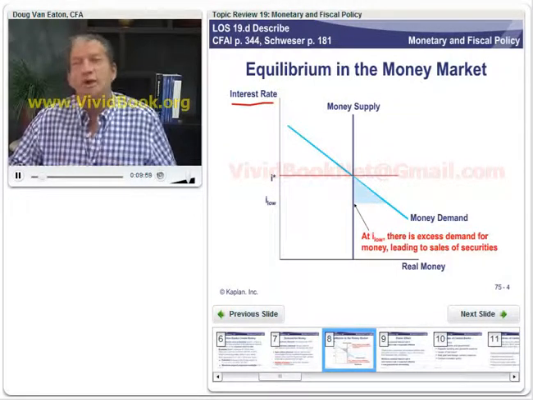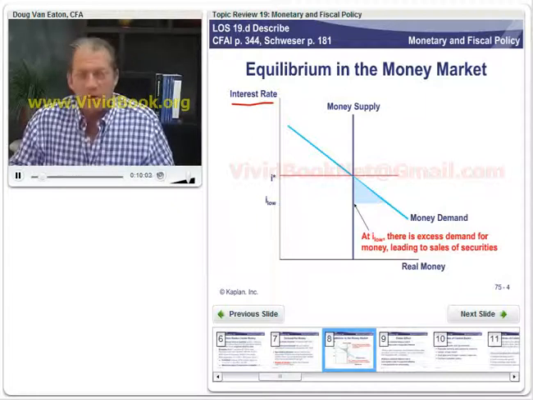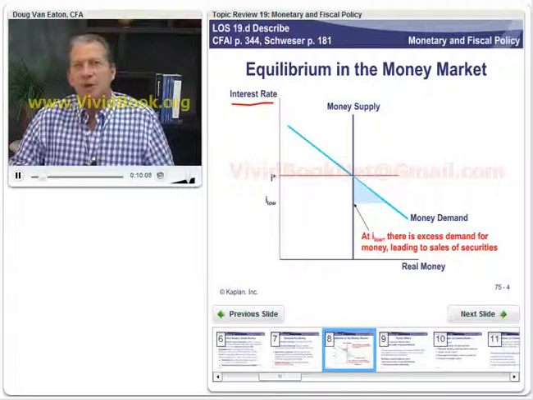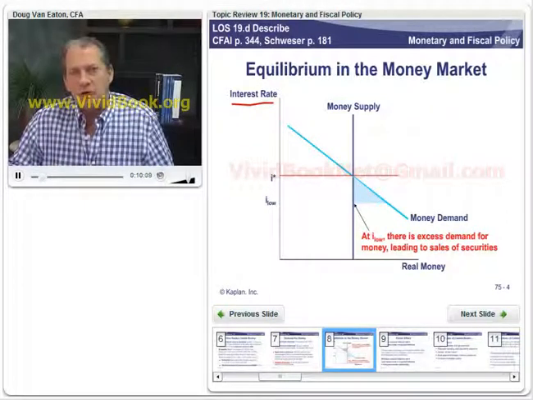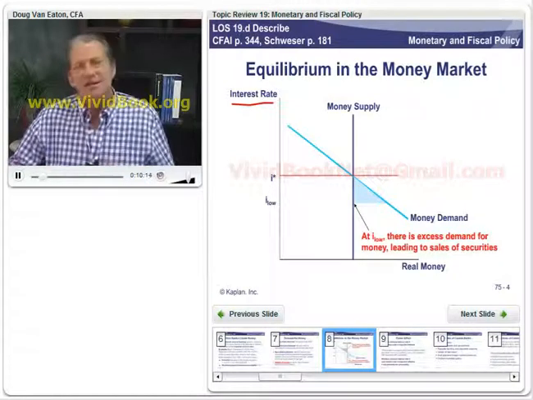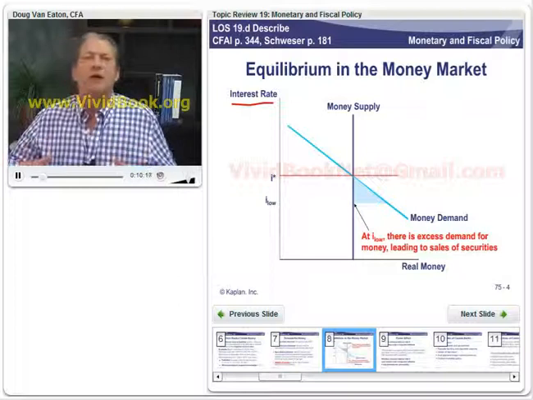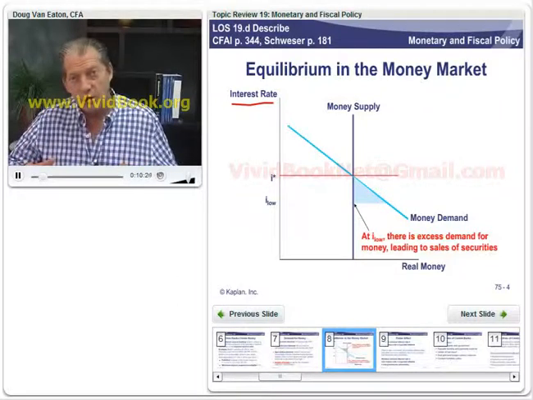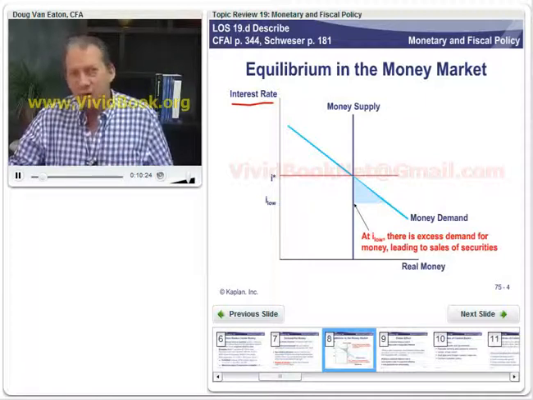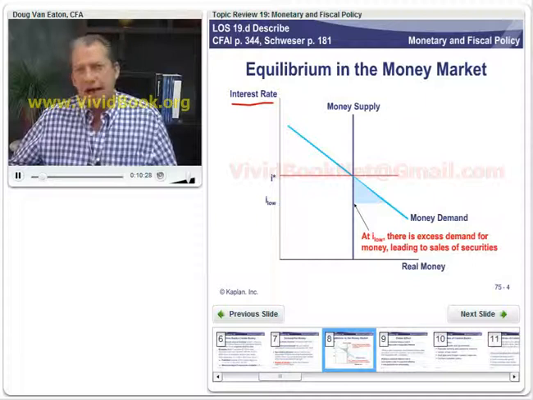The opportunity cost of not being invested in interest-bearing securities is lower. So in this case, they try to raise more money and they sell interest-bearing securities. The sales of interest-bearing securities drive their prices lower, and that increases the yield. So that's our very simple story of equilibrium in the money market and how we get there.